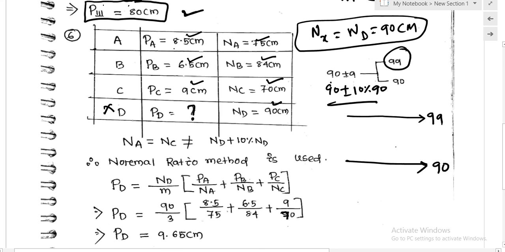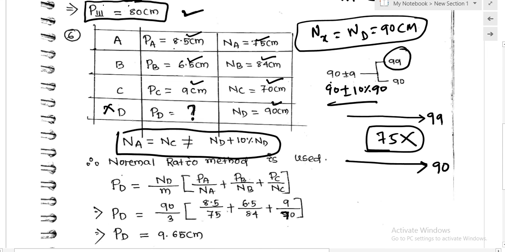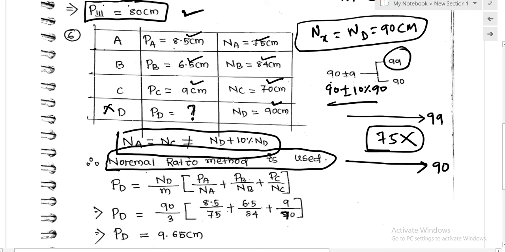Now you check whether 75 lies within this range. 75 is not lying, and you don't need to check the others. If one of the data does not lie within this range, just use the normal ratio method for the calculation of the missing rainfall data.